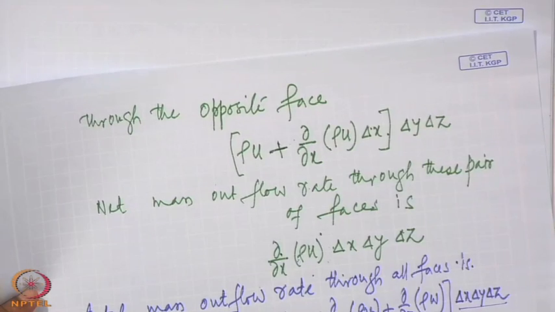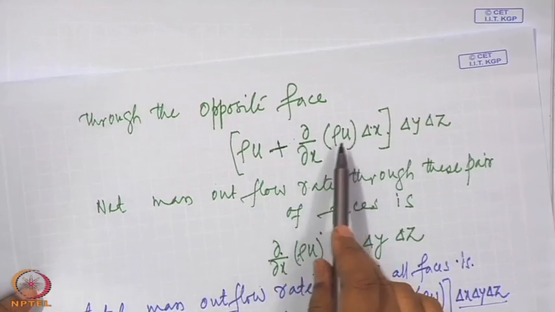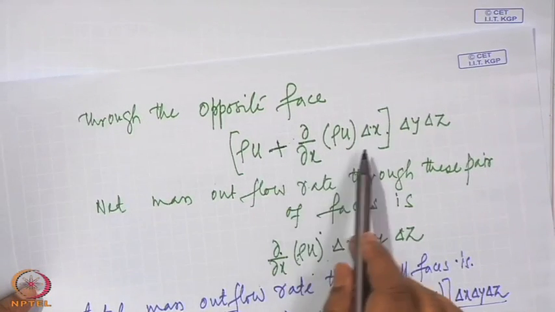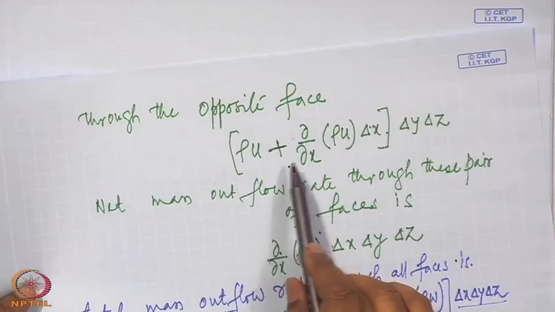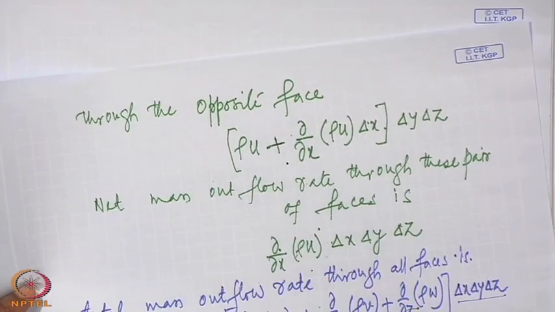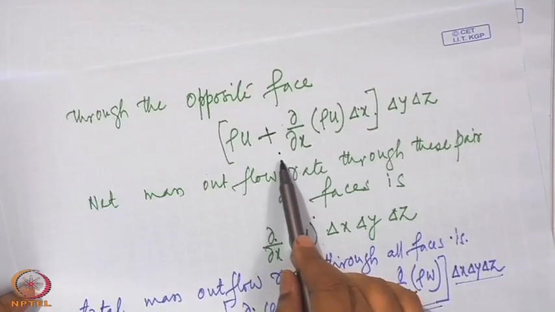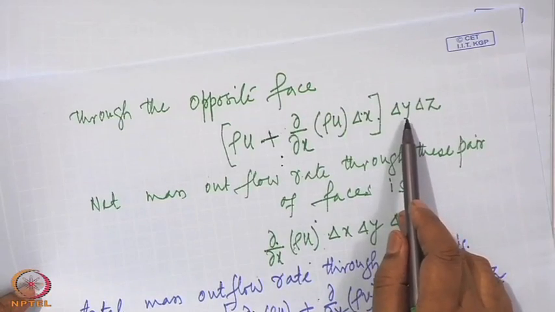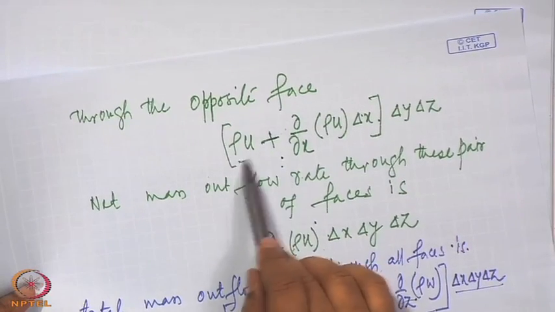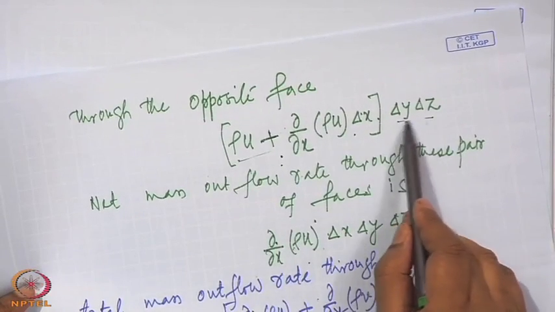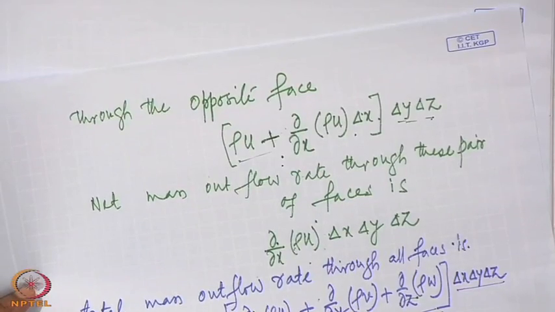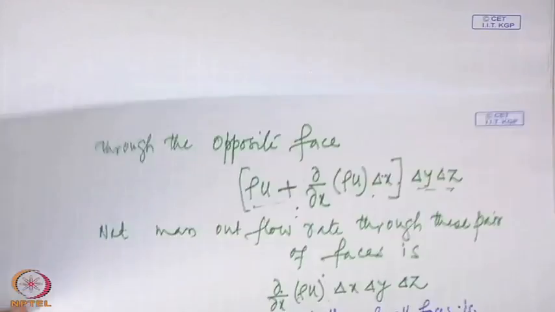It has 3 components, rho u, rho v, rho w, or rho u 1, rho u 2, rho u 3. In each case, we are taking the component which is normal to that face. For the face which is normal to x direction, we have taken the x component and multiplied with the normal component of that area. So, actually this mass inflow rate or outflow rate depends only on the component which is normal to that face.